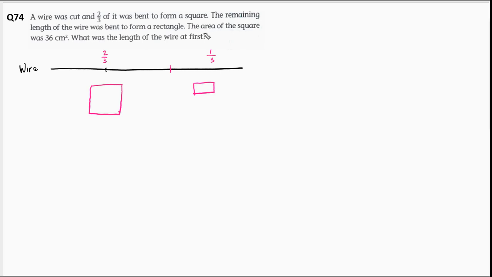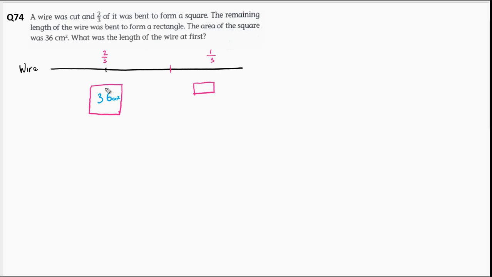It says the area of the square was 36 centimeters squared. Right, okay, so that's the area. And you need to think, how do we calculate area and how does that help me? Because I'm asked to figure out the length of the wire.